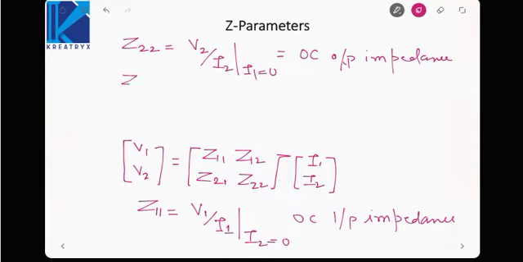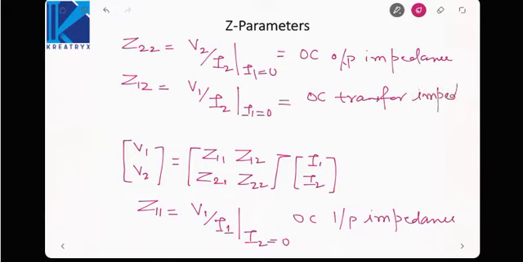What about Z12? Z12 will be V1 by I2 provided I1 equal to 0. It will be called the open circuit transfer impedance at input.